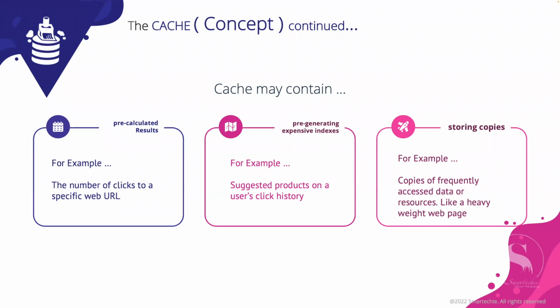For example, the suggested products with user click history or browsing history on an e-commerce website or application, right? So let's say you are trying to search for some product in any e-commerce application, I would say Amazon or eBay or any of the applications, right?